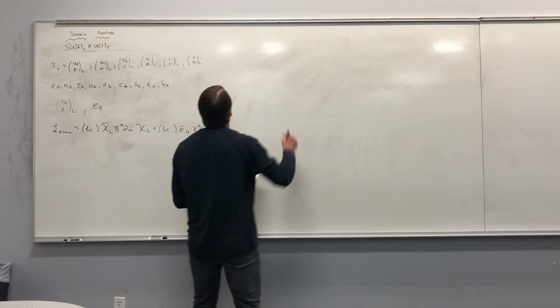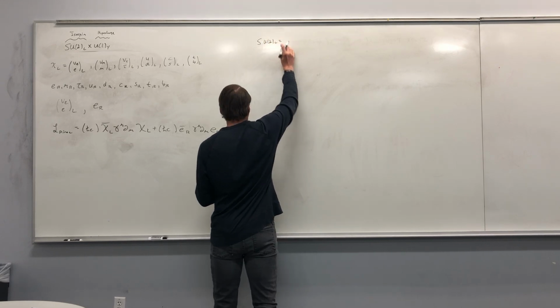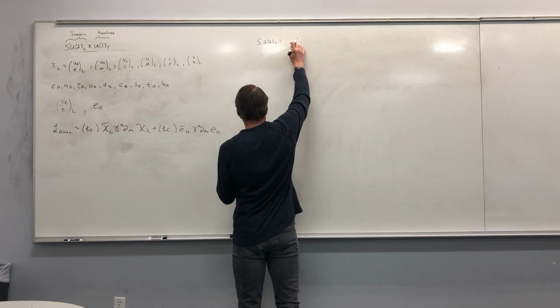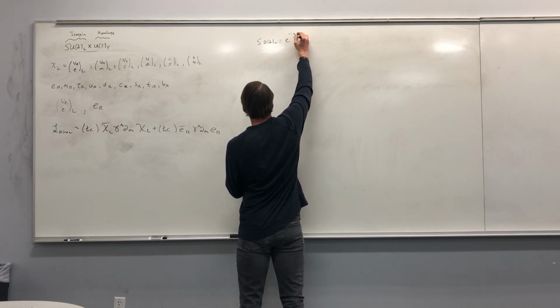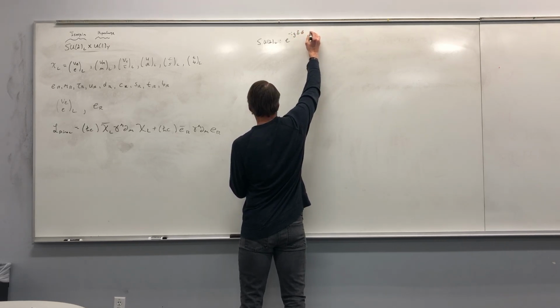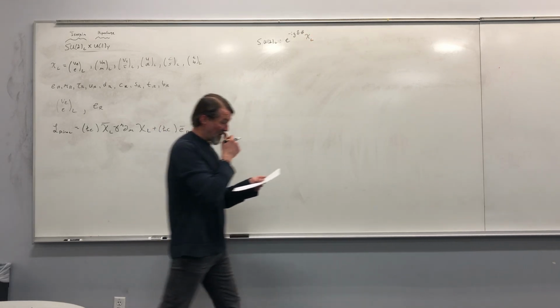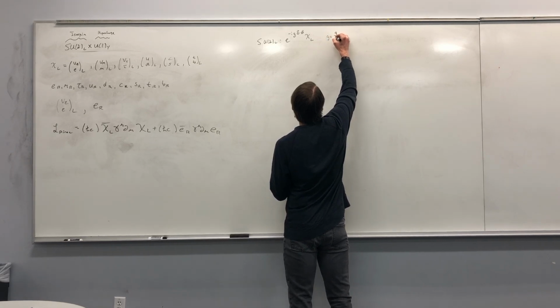The SU(2)_L transformations take the following form: e^(-ig σ·θ) χ_L, where g is also q over ħc.